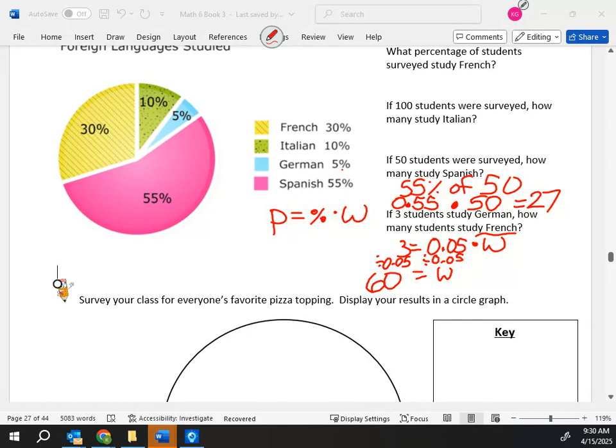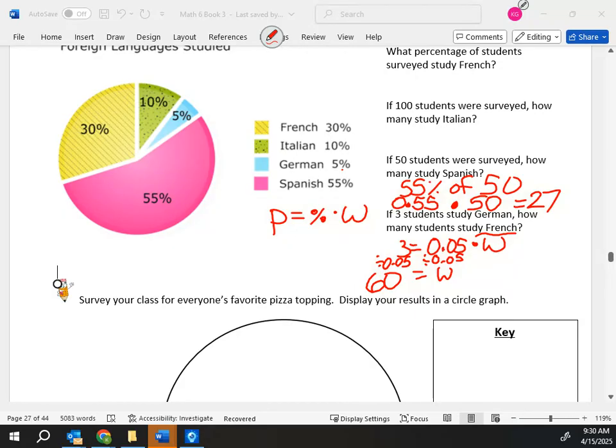So now that I know there are 60 students, can I figure out how many took French? How, Emma? You can do 0.60 times. Why 0.60? 60 isn't a percent. 60 is the whole.